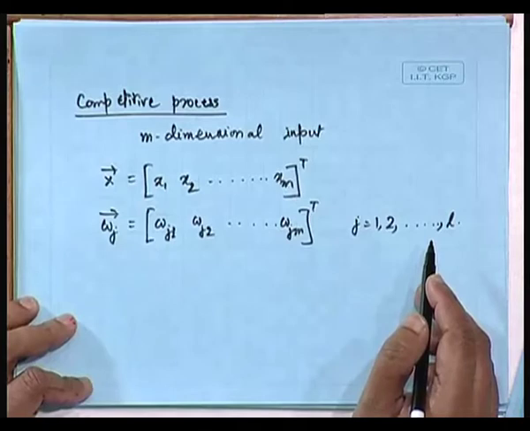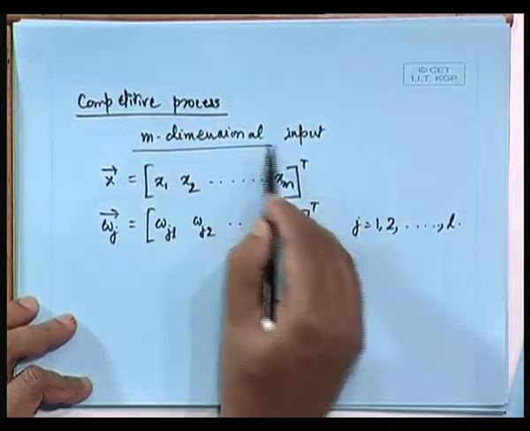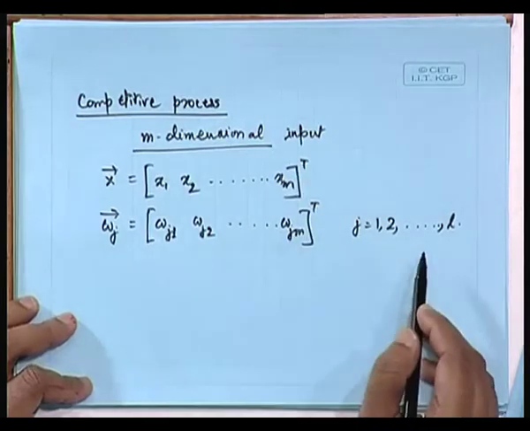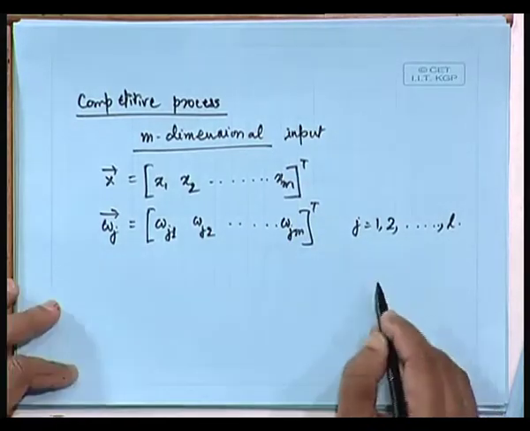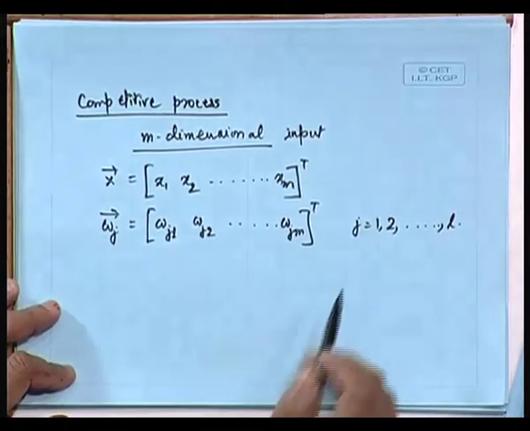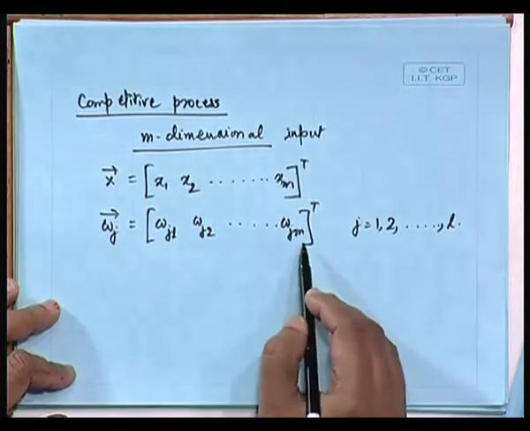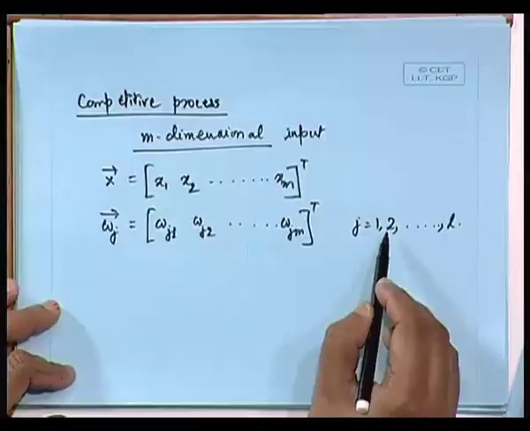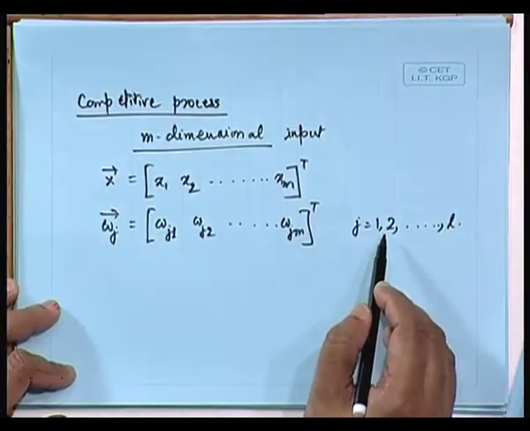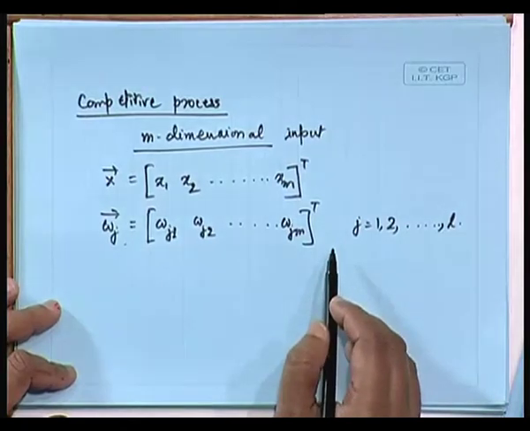L is the number of output neurons, because m is the number of inputs. So, every output is connected to the input. For output neuron 1, we will have an m-dimensional vector connected to all the inputs. Like that for j equal to 2, the second output neuron, we again have m connections.